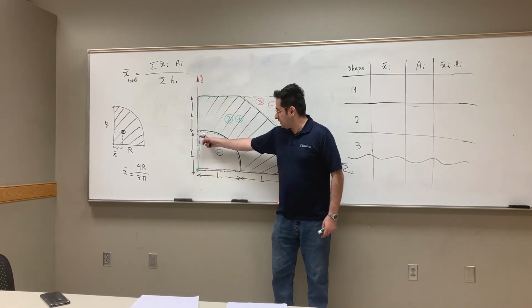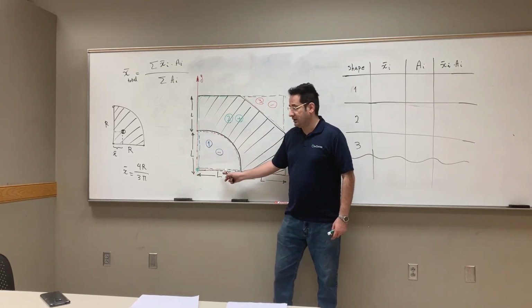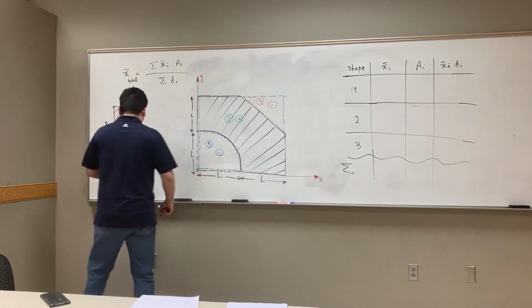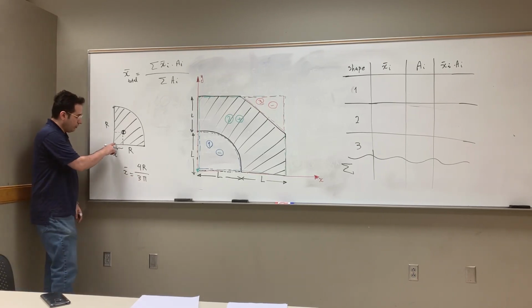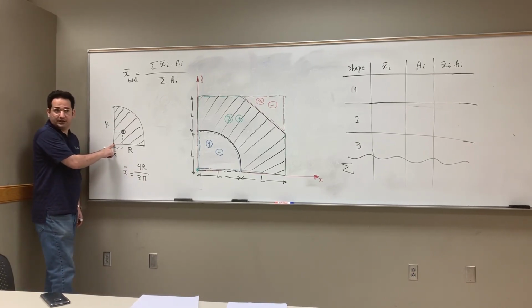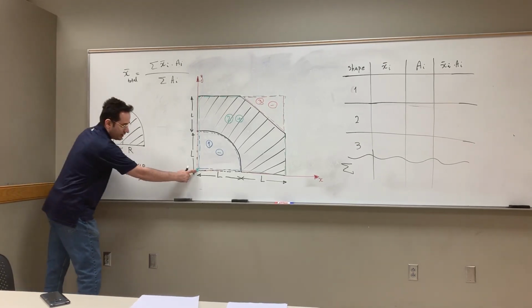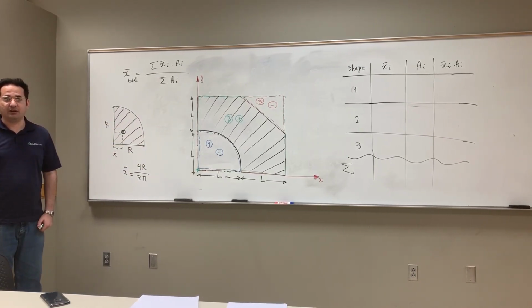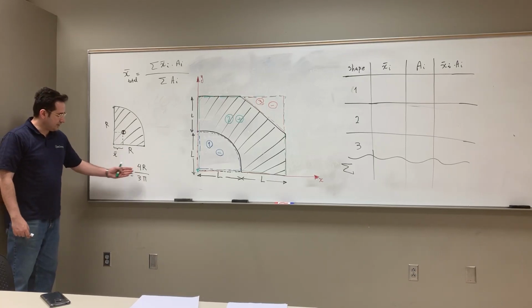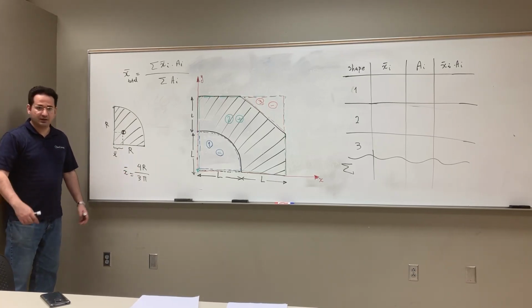So if you go to shape number 1, you see the formula: 4 times the radius divided by 3 pi with respect to that coordinate. And fortunately, that coordinate coincides with our global coordinate system xy. So all I need to evaluate this x bar, I don't need to transfer it, right?